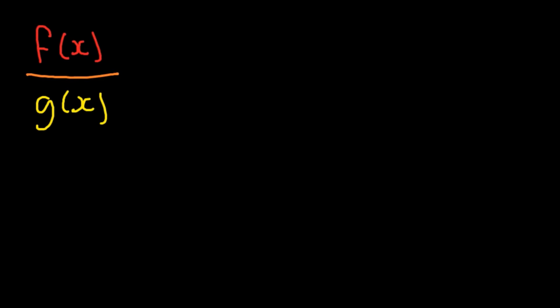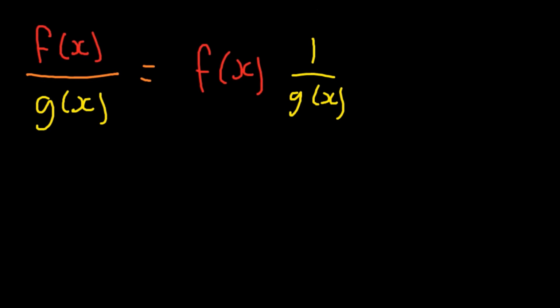Let's consider the abstract case for now, where we have f of x over g of x. What does this equal out to? We know from before that we can rearrange this as f of x times 1 over g of x. And from our product rule, it's going to be f prime times 1 over g of x on one side.